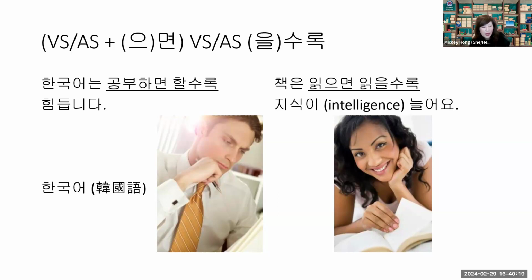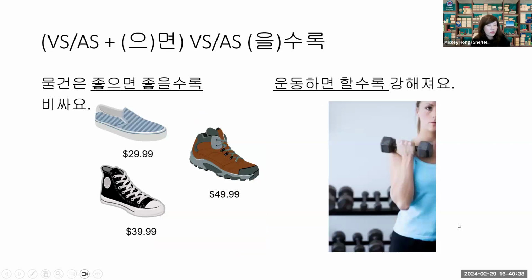그다음 책은 읽으면 읽을수록 지식이 늘어요. The more you read books, the more your intelligence will increase. 물건은 좋으면 좋을수록 비싸요.